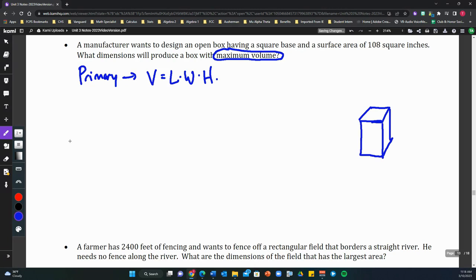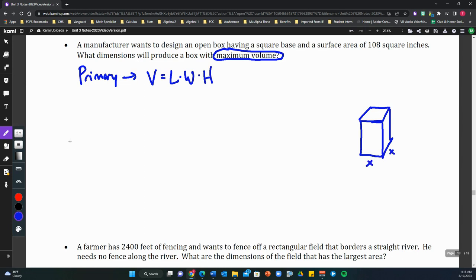Why that's important to us is when labeling these dimensions. The general formula is length times width times height. We're going to start with something like that, but then we're going to come up with better ways to represent those dimensions so that they're not all different variables. For example, in this case, if we know that the base is a square, that means that two of these dimensions are the same thing.